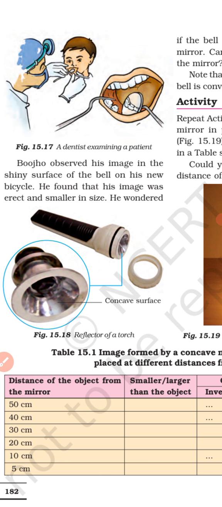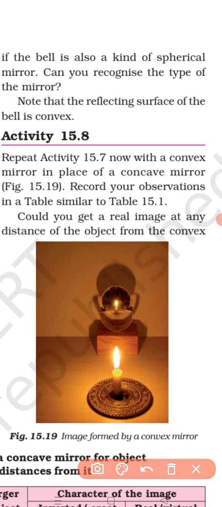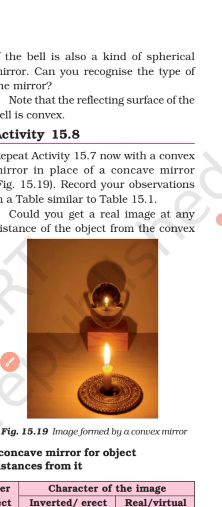If you stand in front of the shining surface of the cycle bell, it acts like a mirror because you are able to see yourself in it. So what type of spherical mirror is the cycle bell? You can say it is convex. Note that the reflecting surface of the bell is convex in shape.